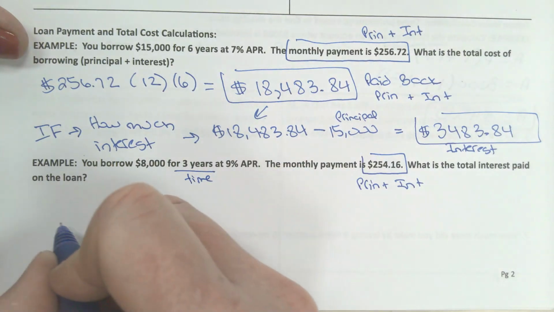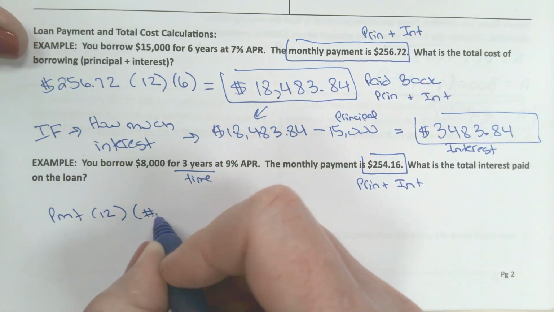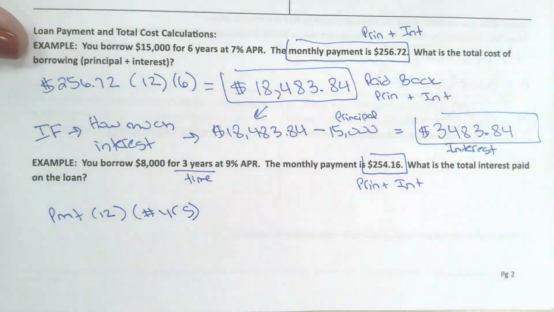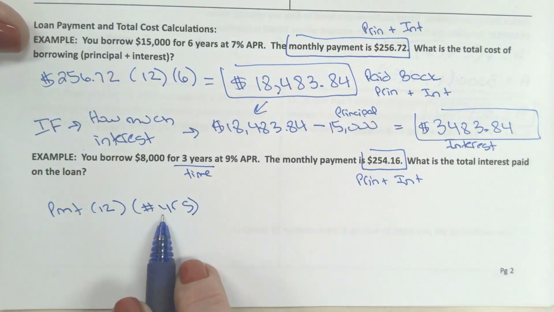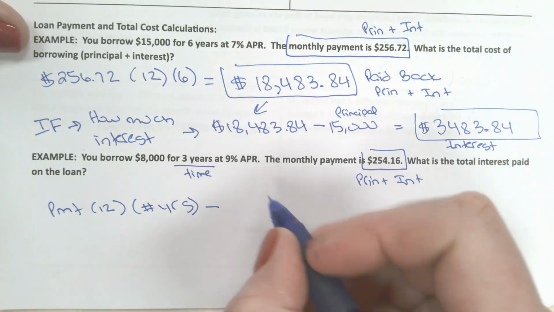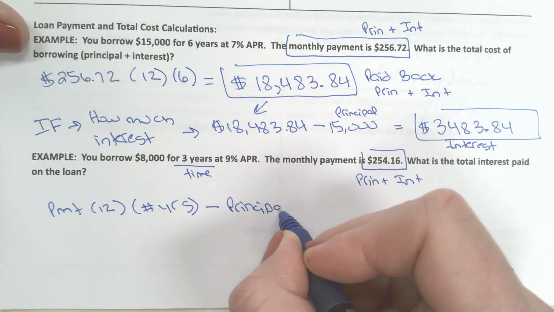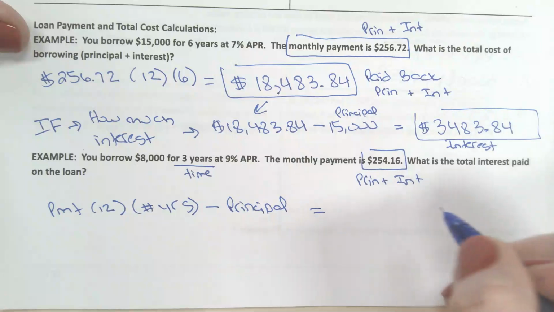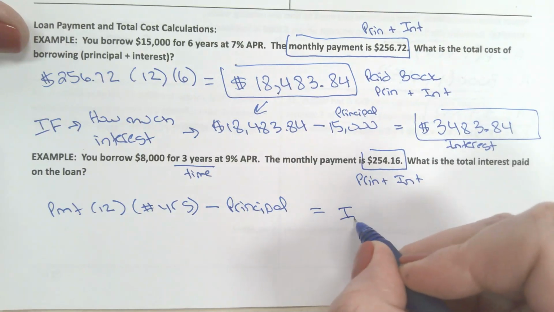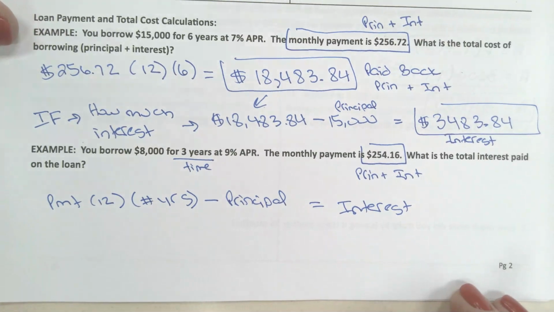So if you take your payment times 12 times the number of years, that says YRS for years, and you subtract off your principal, how much you initially borrowed, this tells you the amount of interest that you paid on the loan.